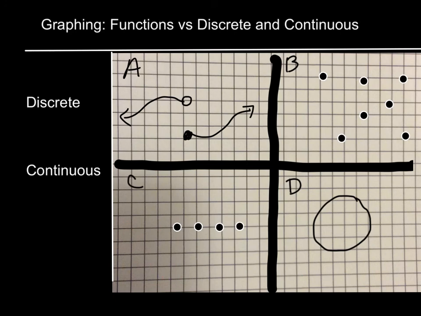Okay, so the last slide here, we're going to do two things. We're going to talk about function or not. So we're going to use the vertical line test for functionality. So I'm going to go ahead and give myself a vertical line here. Oh darn it, didn't want to do that.